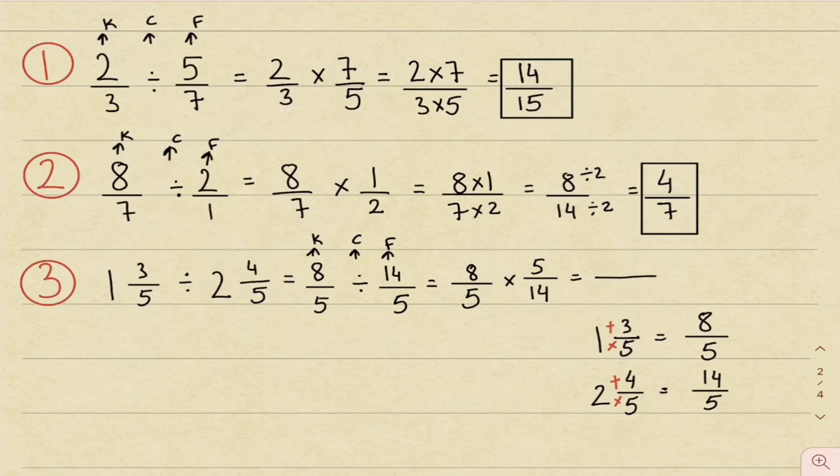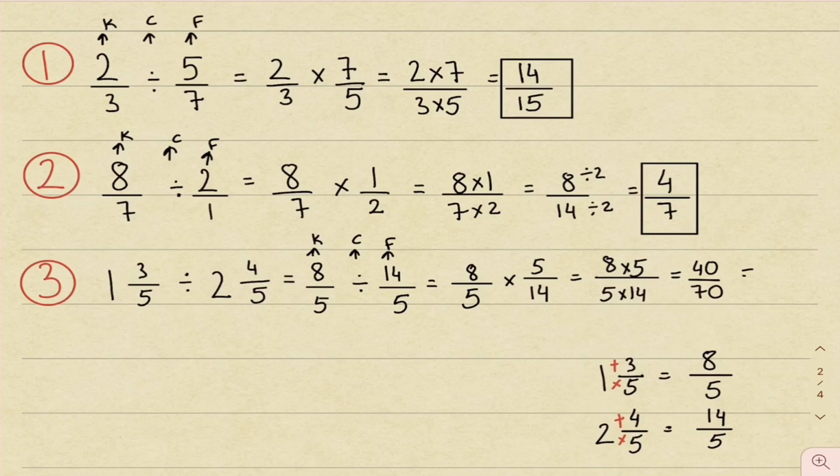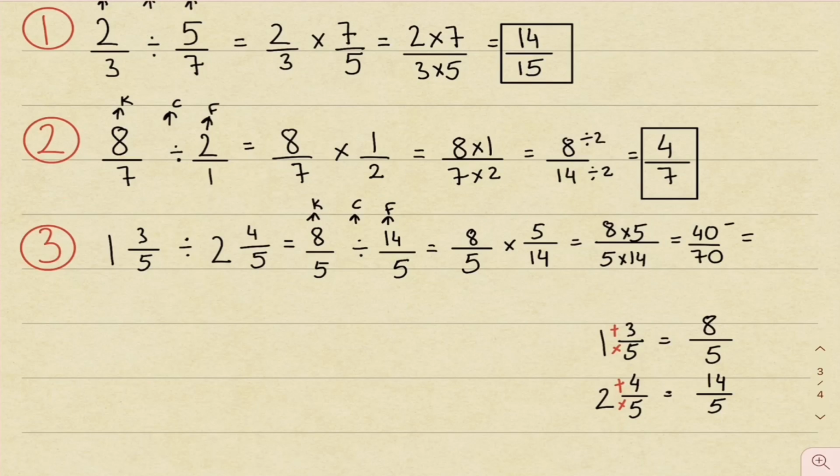Now we have 8 times 5 over 5 times 14. 8 times 5 is 40. 5 times 14 is 70. Now we're going to reduce that. We're going to divide by 10, top and bottom. The answer is going to be 4 over 7.